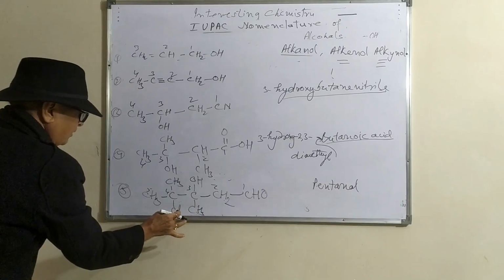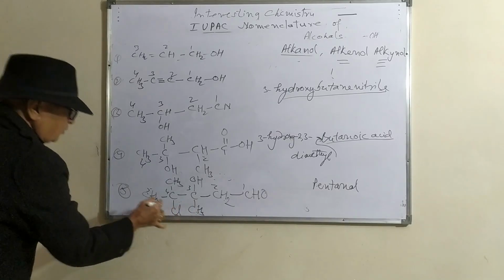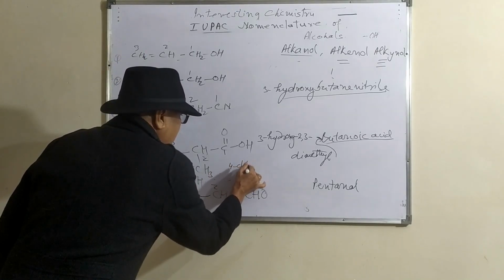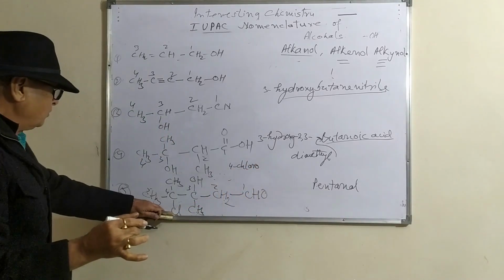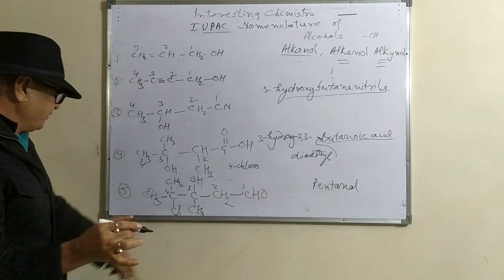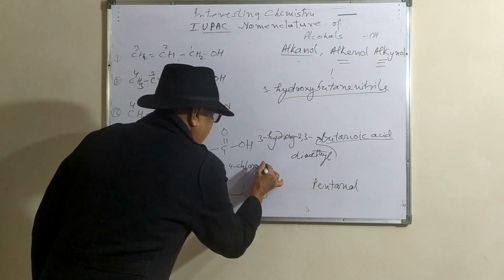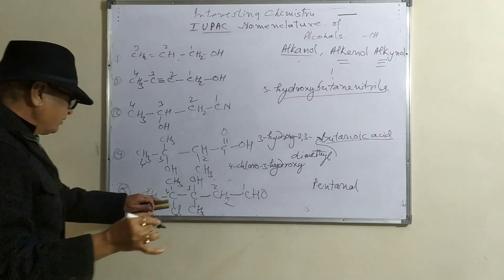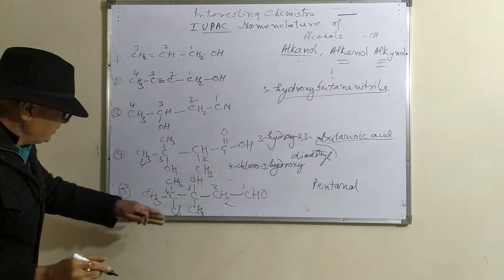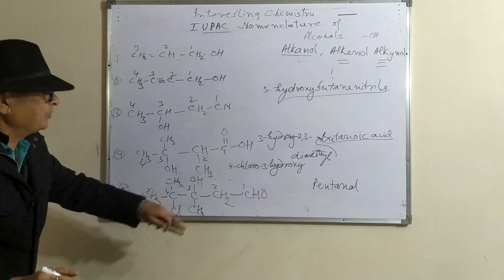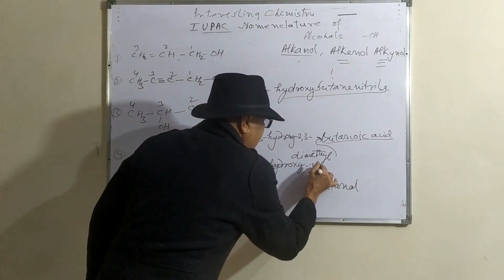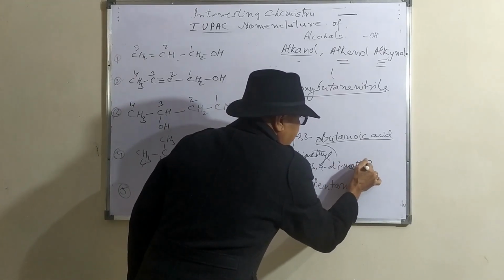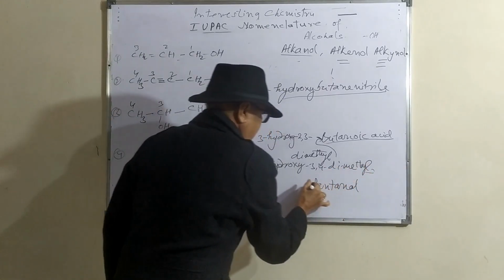So the name of this pentanal: 3-hydroxy, and here is chloro. So here 4 chloro. Chloro comes first, so you write 4-chloro, 3-hydroxy, and 3,4-dimethyl pentanal.